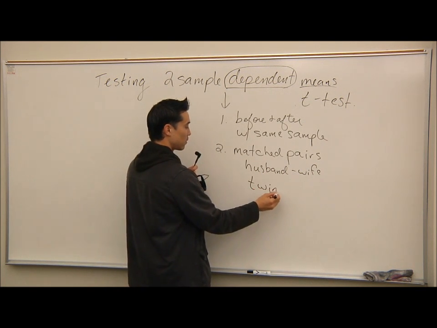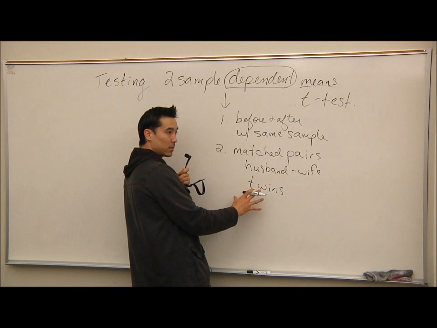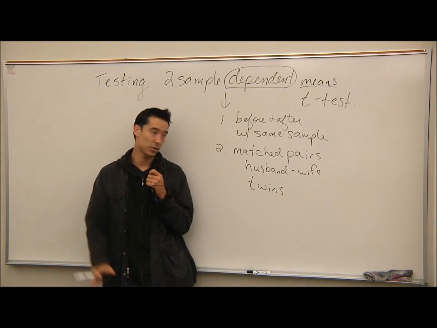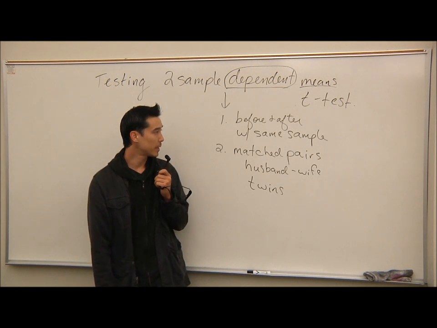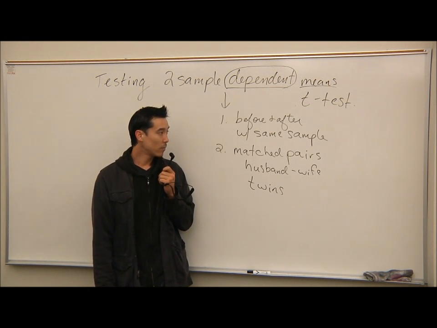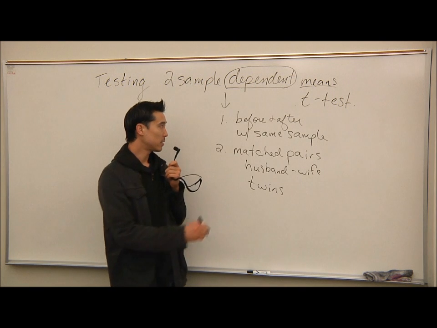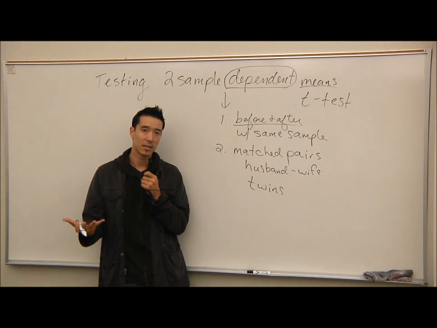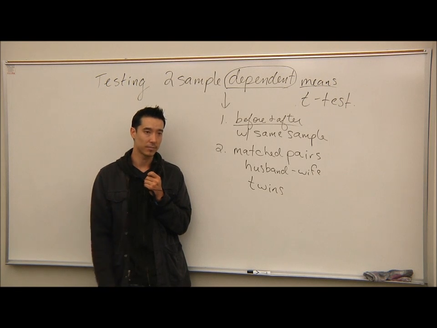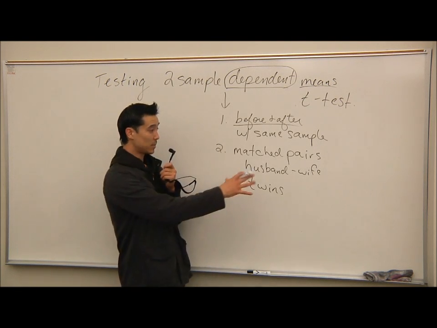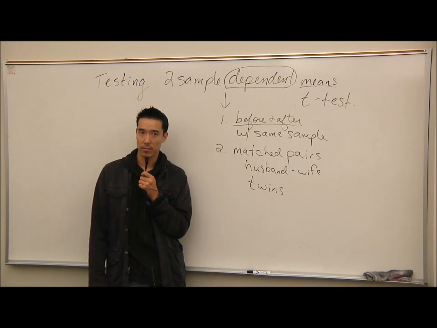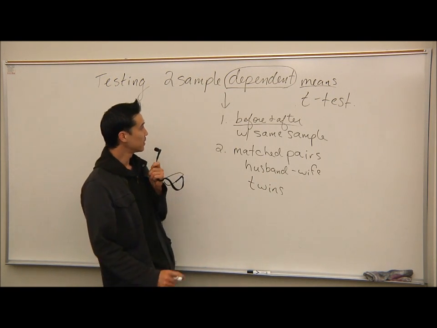Twins. So we have one of the twins in one group and one of the twins in the other group. So some sort of matched pairs, okay, where there's a direct relationship between the samples. Okay. So when you're reading through a hypothesis test and you see a before and after situation, it should be relatively simple to say, okay, this is a dependent sample, or specific matched pairs, like we have twins or husband-wife or something like that, family relationship, okay?